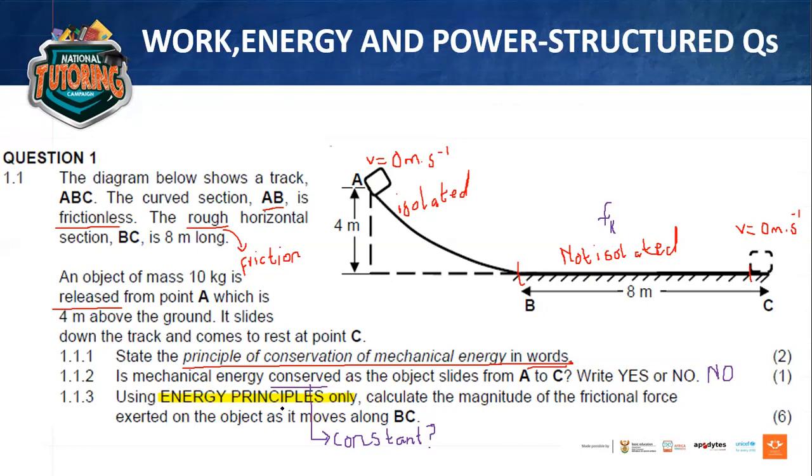It means if I try this question and get the correct frictional force, but I have not used energy principles, I am going to lose all of the 6 marks altogether. And that's not what we want, my dear learners. So we are going to use energy principles, and we must get the magnitude of the frictional force.